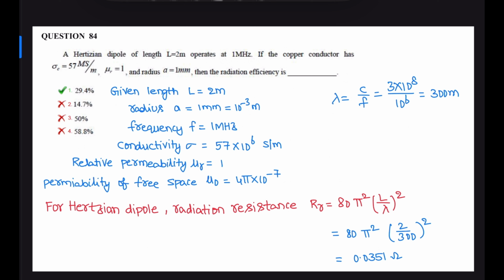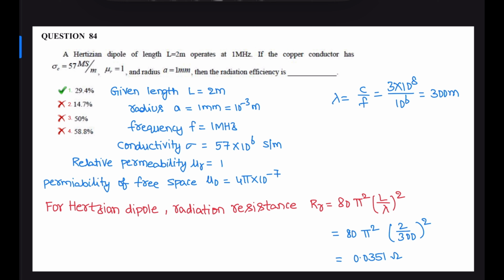Question number 84. A Hertzian dipole of length 2 meter operated at 1 megahertz. If copper conductor has conductivity 57 megasiemens per meter and relative permeability mu r is 1, radius a is 1 millimeter, then the radiation efficiency is?